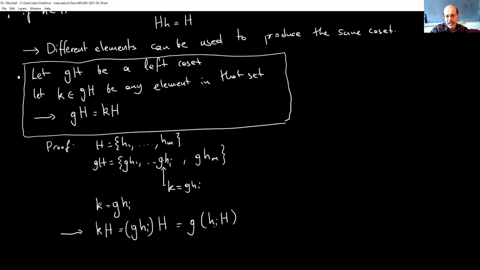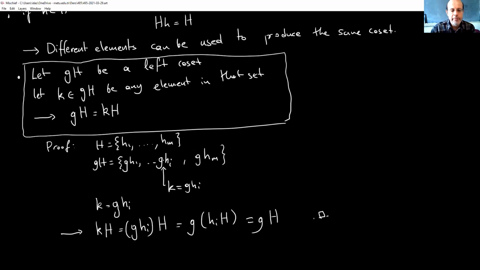First I multiply the subgroup with this element and then this element. But I know that this is associativity. I know that this is equal to the subgroup, so that's the coset H. Well, then this coset is equal to GH. So that's basically what we wanted to prove. So that's the end of the proof.